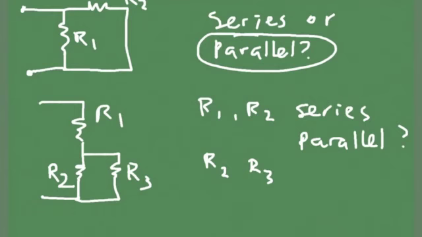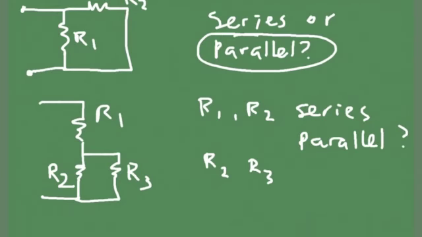So 1 and 2, series or parallel? Who says series? Who says parallel? Okay, so if it was series, what is the property that tells us that R1 and R2 are in series? They must satisfy that if a current I1 goes through resistor 1, R2 must have exactly the same current. The current that flows through 1 must flow also through 2.